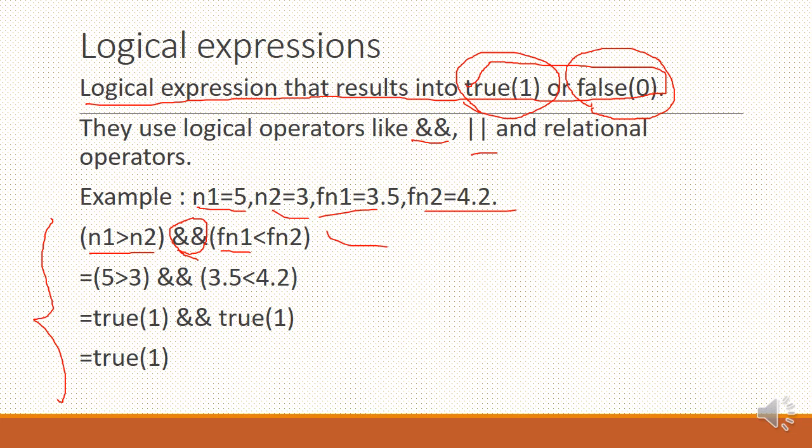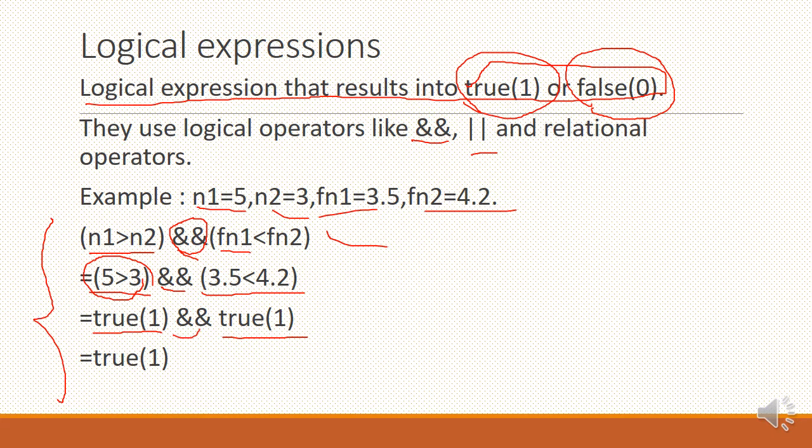Let us put the values: 5 is greater than 3, logical and, 3.5 is less than 4.2. First it is going to evaluate this. Is 5 greater than 3? Is the condition true? Yes, the condition is true. And next, is this condition true? Yes, this condition is also true.